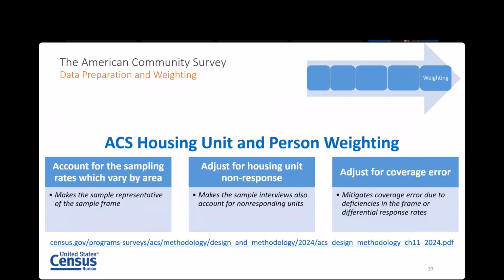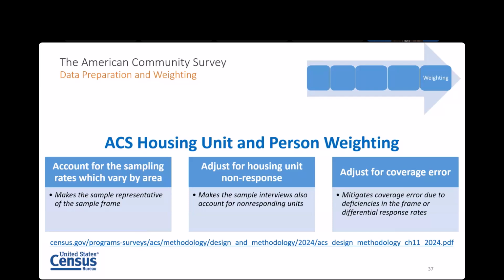Weighting is employed to bring the characteristics of the sample close to the true representation of the full population. Going way back to the beginning of this presentation, I briefly mentioned that there are certain filtering rules during the creation of the sample frame to minimize over and under coverage and to obtain an inclusive address list. To address these different rules or sampling rates, weighting ensures that the sample responses are representative of the sample frame itself.